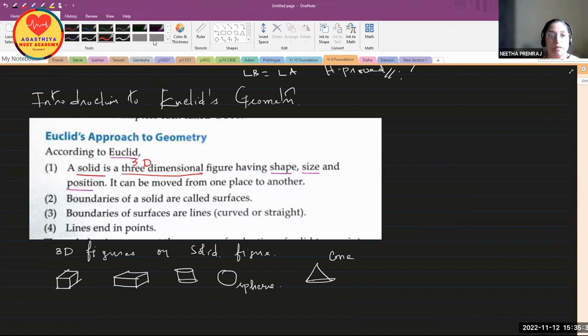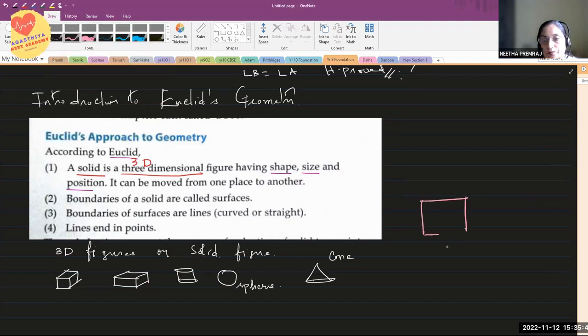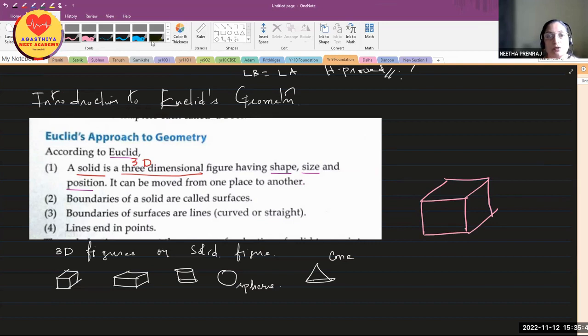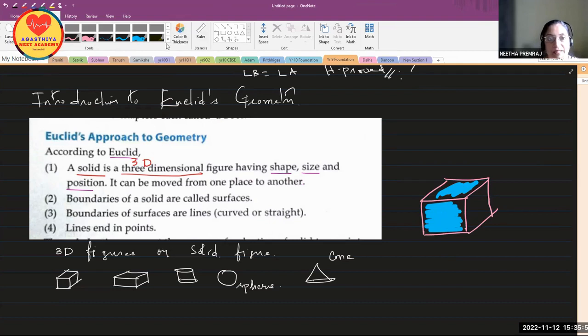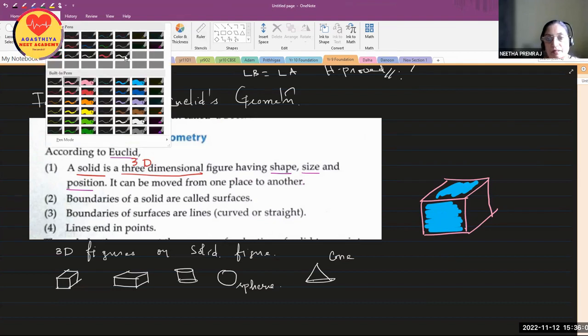Now what do we call this? Wait, I'll show you. If you draw a cube, all these faces are what we call surfaces. This is a surface.